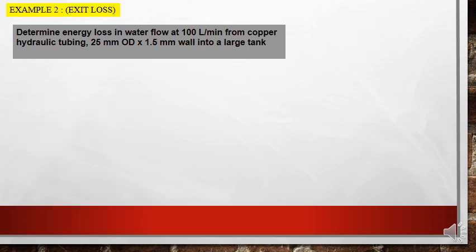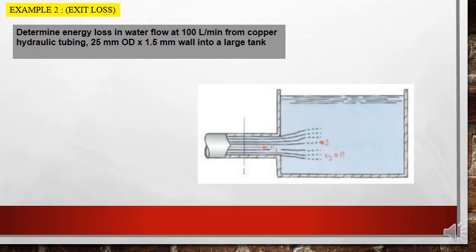Okay, so let's try this example which involves the exit loss. The example states the energy loss in water flowing at a flow rate of 100 liter per minute from copper hydraulic tubing of 25 millimeter outside diameter, and this is the thickness, into a large tank.